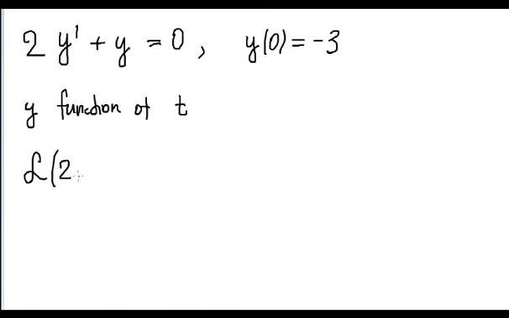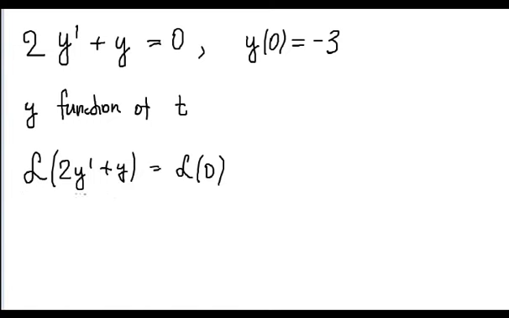On the left-hand side, we'll have Laplace of 2y prime plus y, and on the right-hand side, we'll have Laplace of 0. We're not going to, at this point, do anything with the initial value condition. The left-hand side of this equality can be simplified, and so can the right-hand side.